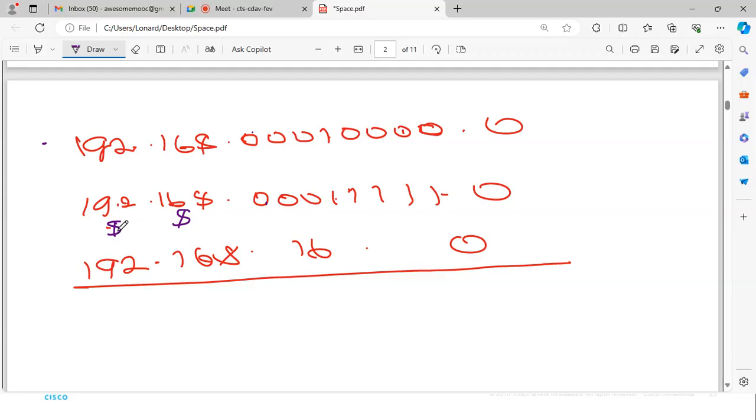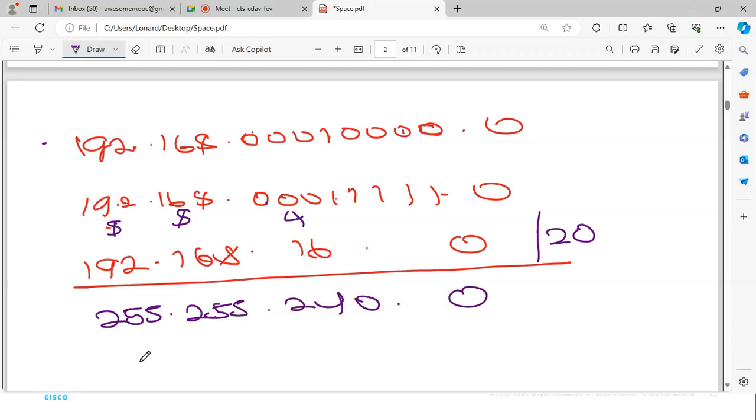So here we have 8, 16 plus 4. It gives us 20. And our subnet mask will be 255, 255, then dot, here they will have 240, dot 0. Our wildcard mask is 0, 0, 15, then 255.